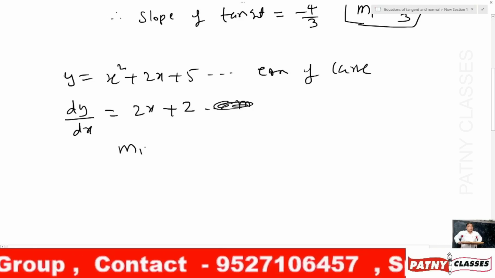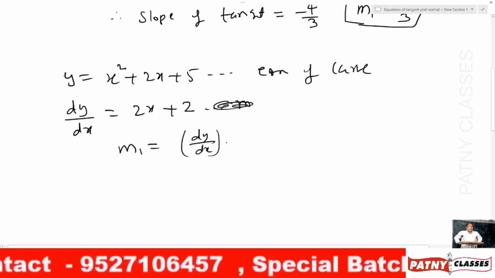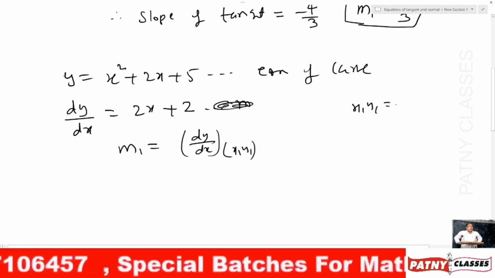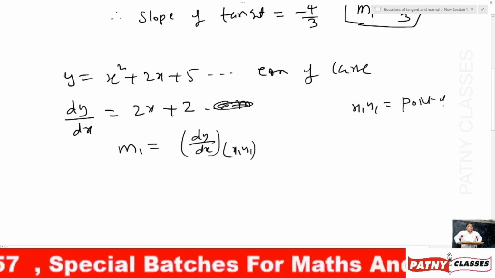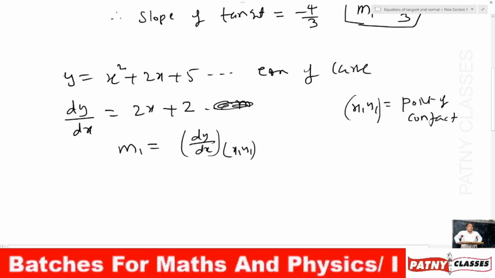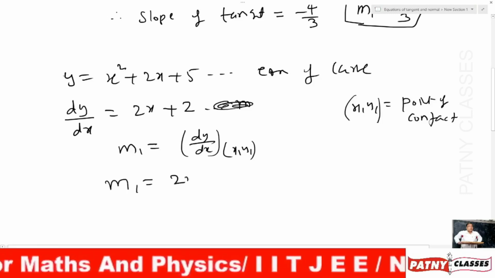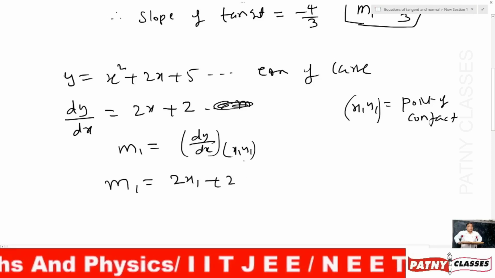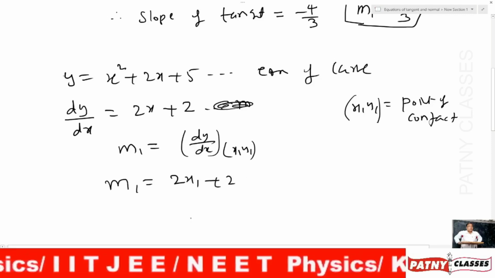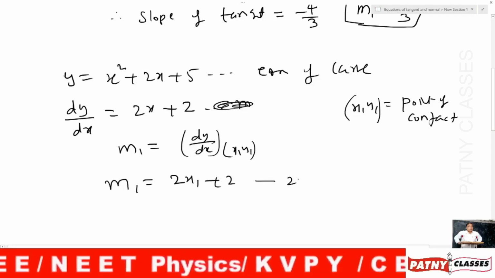So m1 equals dy by dx at the point of contact x1, y1. We assume x1, y1 as the point of contact. So m1 becomes 2x1 plus 2, because dy by dx is 2x plus 2. Therefore m1 becomes 2x1 plus 2. It is equation number 2.